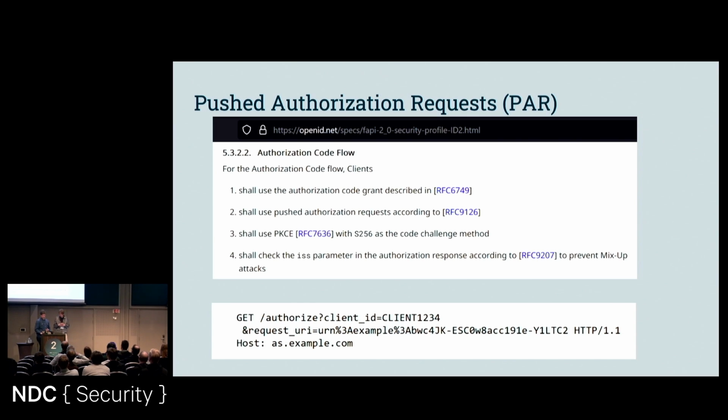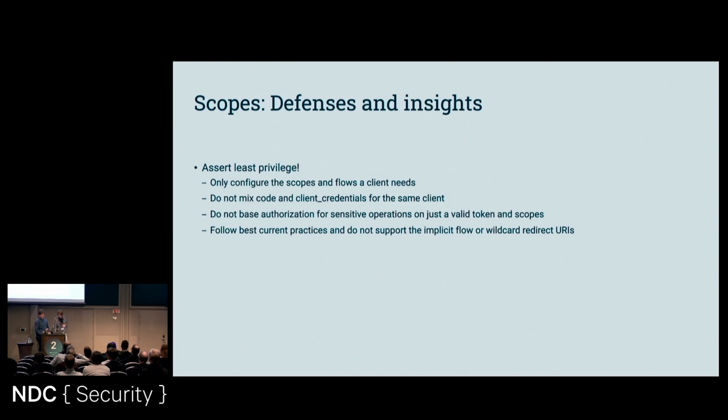So back to scope issues. To summarize, we have these defenses and insights here, and we should of course assert least privilege for configuration for the client, and we shouldn't mix code and client credentials for the same client, or support implicit anymore.